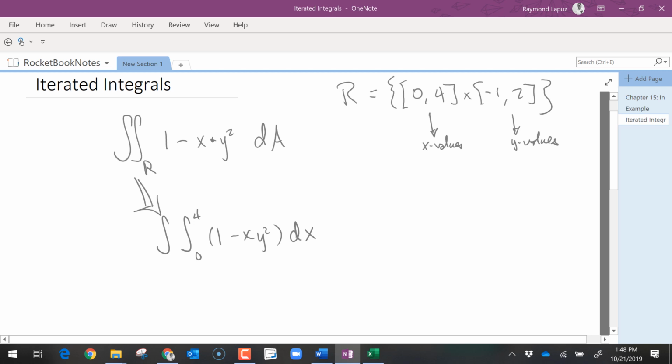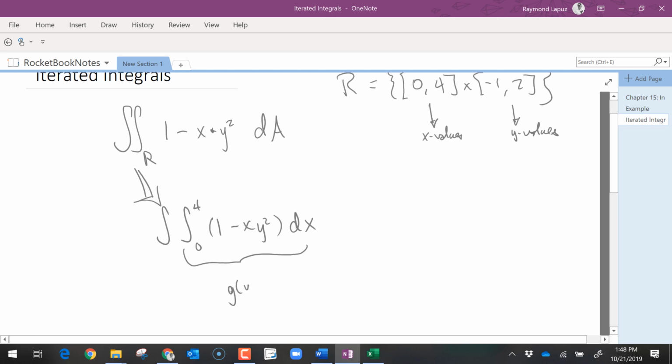And what we can do is integrate this with respect to x from 0 to 4 first. Then what we will get here is probably going to be a function with respect to y. So for each fixed y value, you're going to have a function of y of the area in x.